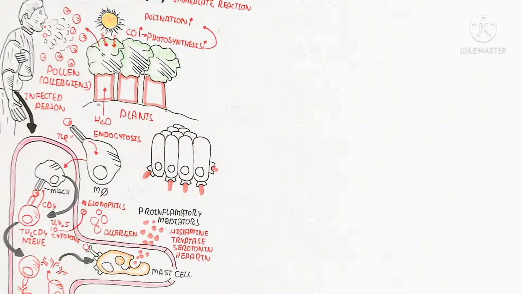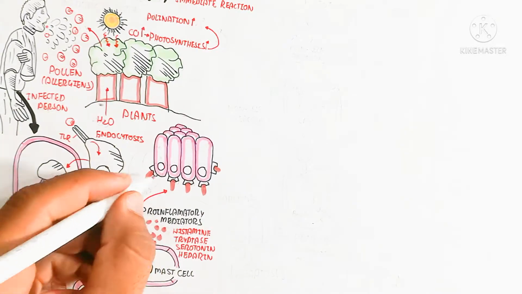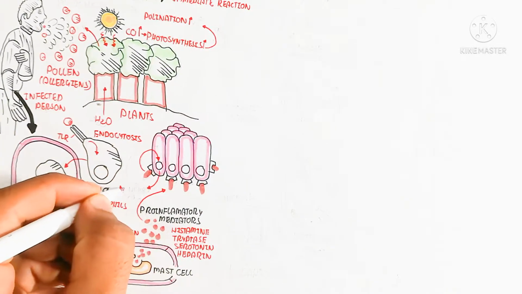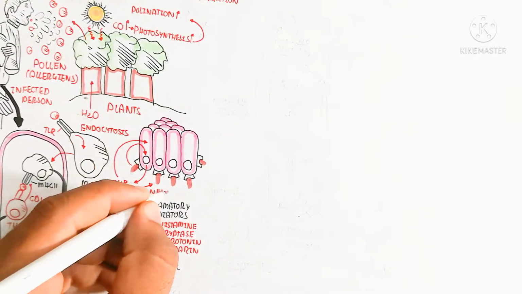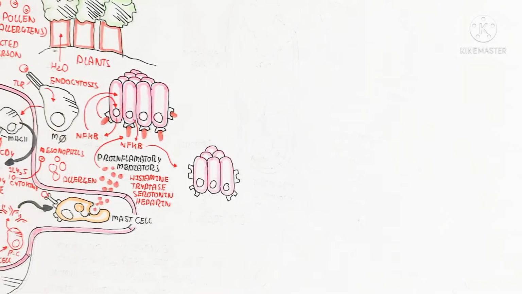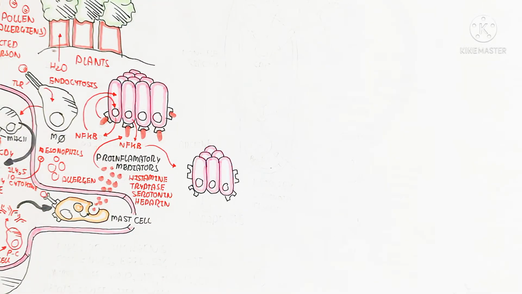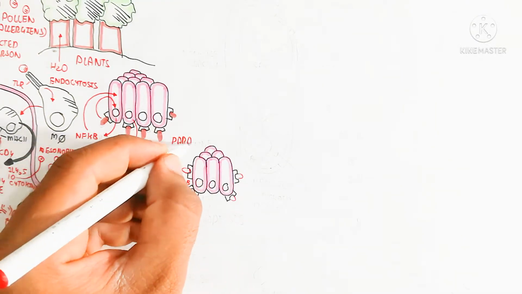So these inflammatory mediators will be produced and will target the tissue. For example, histamine will bind with the histamine receptor to trigger the phosphorylation pathway, and in this way nuclear factor kappa B will be produced and work autocrinally or paracrinally.